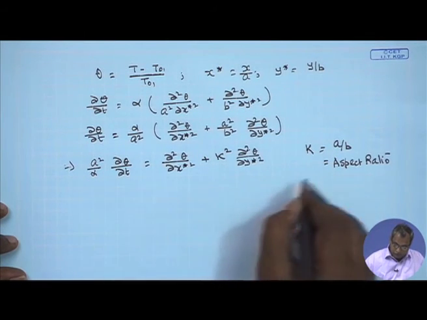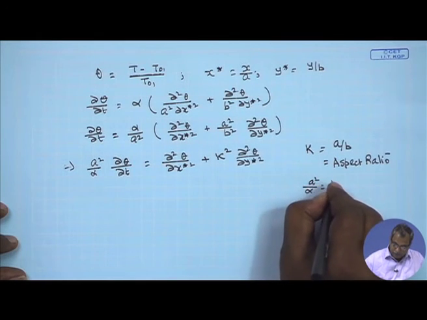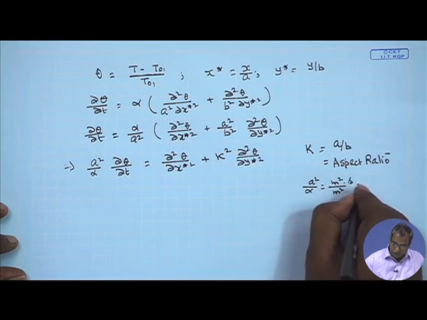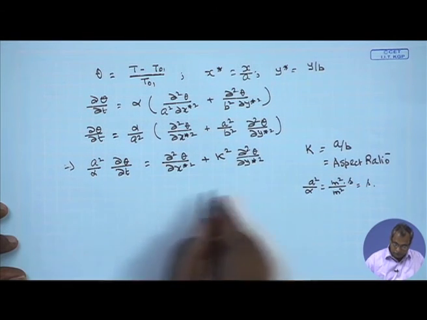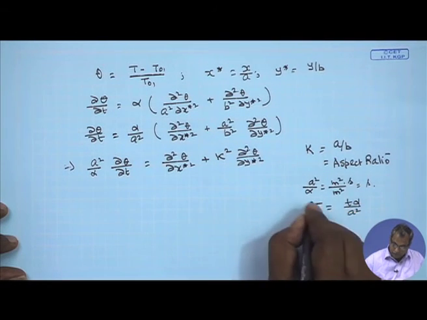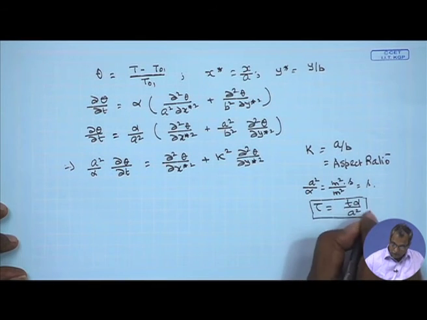If you really look into that, a square is meter square and alpha has a unit of meter square per unit time. So, it will have a unit of time. So, they will be identical. So, tau, which we define as t alpha over a square, is the non-dimensional time.